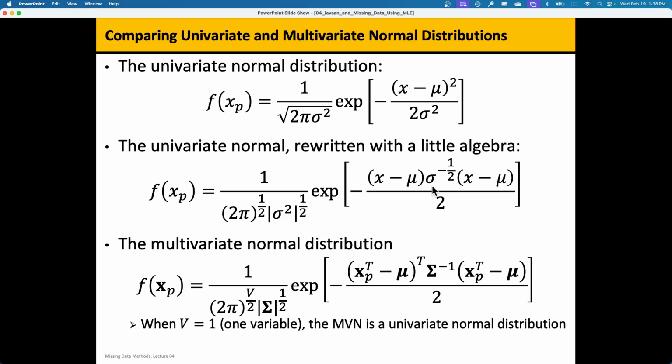And then if we took x minus mu squared, we really could put it on either side with some algebra and get x minus mu times sigma to the -1/2 power times x minus mu. And that rearranges our equation to look a lot like how it works with matrices.